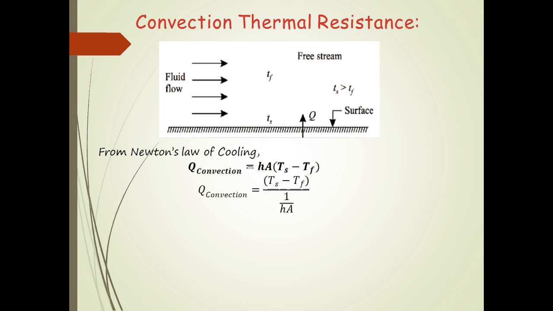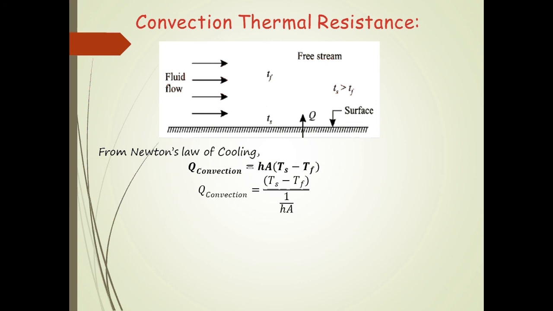Just rewriting this equation from electrical analogy. In electrical analogy, we have studied electrical current I is equal to potential difference upon resistance. Very similar to this, Q convection, that is heat energy, is equal to temperature difference, and that HA is rewritten as 1 upon HA. So just remember, we have modified the first equation into the second equation here. Just HA is taken to the denominator, so it will become 1 upon HA.